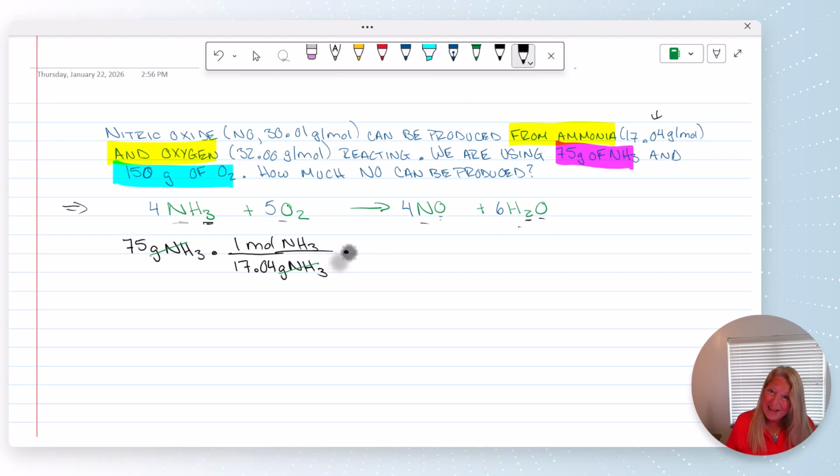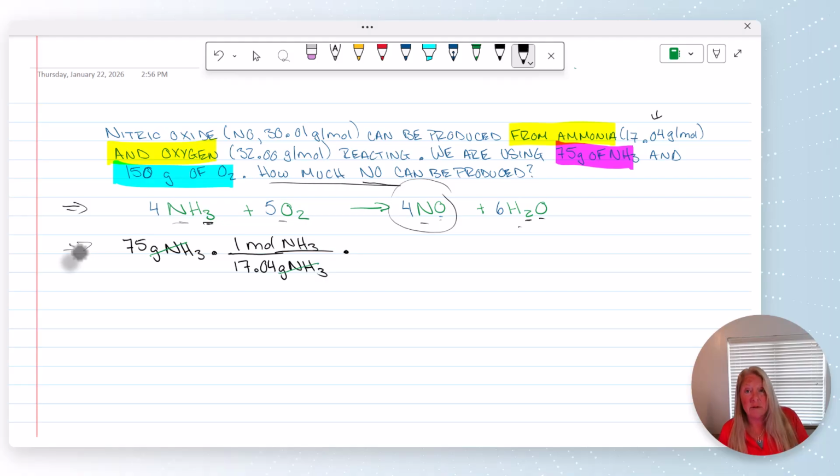So in order to do any check, just a reminder, I've got to compare to the same thing. The question says how much nitric oxide can be produced. So what I'm going to do is compare both to nitric oxide, because the answer that I have here would just give me my moles of ammonia.